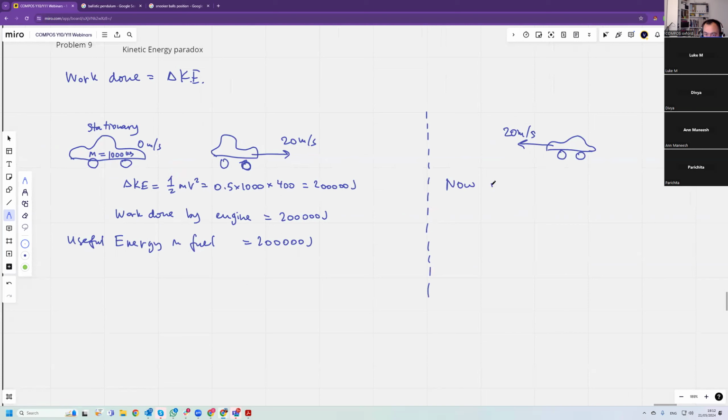Now, imagine you are sitting in a car traveling in the opposite direction.